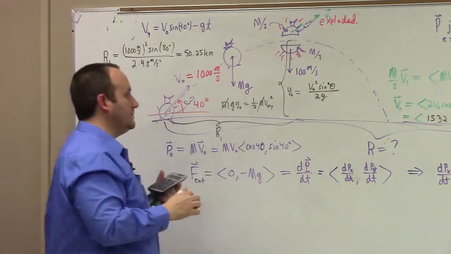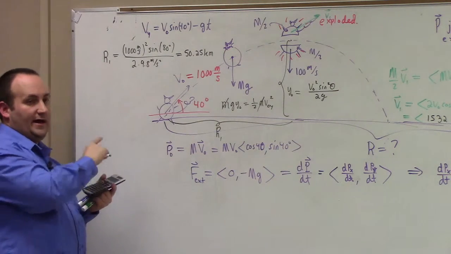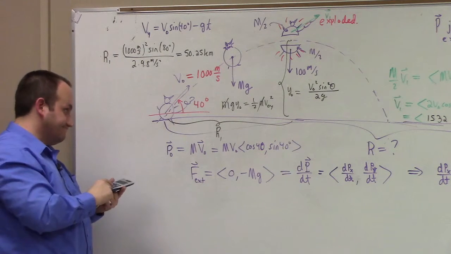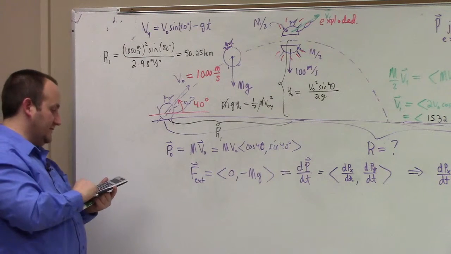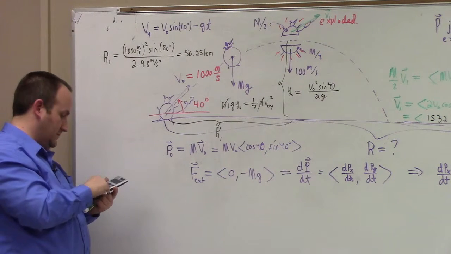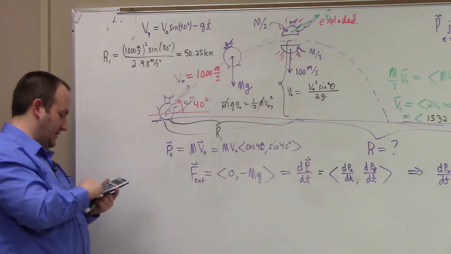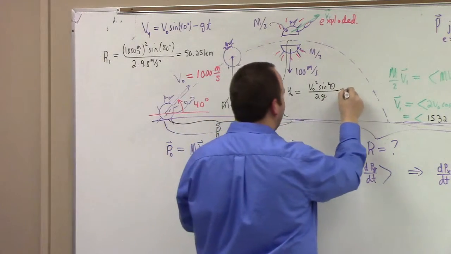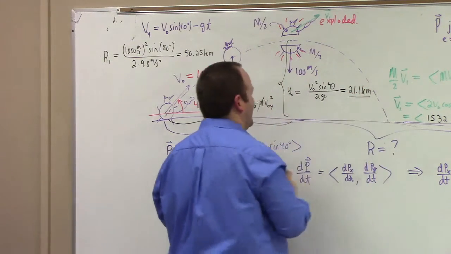That's the max y. I only use the y kinetic energy because it has the same x kinetic energy before and after. They cancel. So 1,000 squared times the sine of 40 squared divided by 19.6. Whoa! 21.1 kilometers up. Man, that's something.